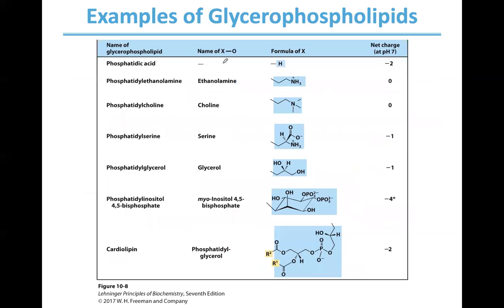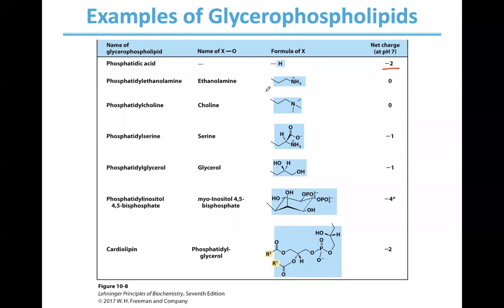If it's an H, it's phosphatidic acid, and at pH 7 it's going to be doubly charged, because the H is deprotonated. So net charge at pH 7 is -2.